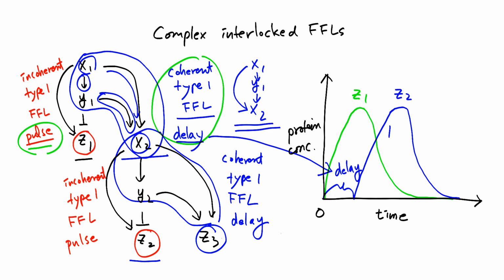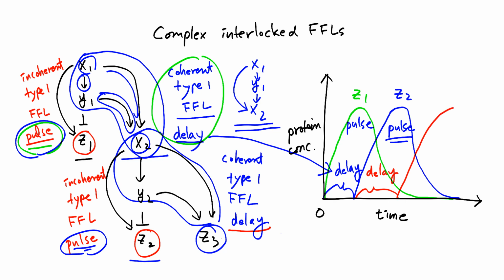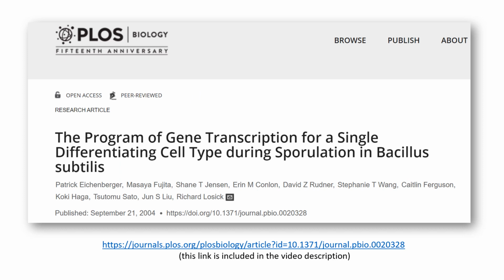This pulse comes from this one, and this pulse comes from this one. And finally, we have another delay here, and we have Z3 expression. So you see that this interlocked FFL enables sequential expression of Z1, Z2, and Z3. This interlocked FFL gene regulatory network has been reported in this paper.